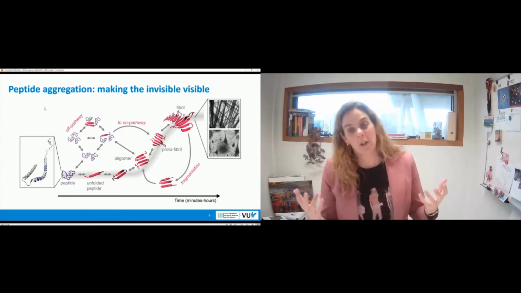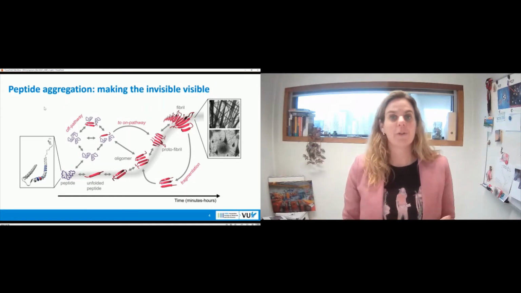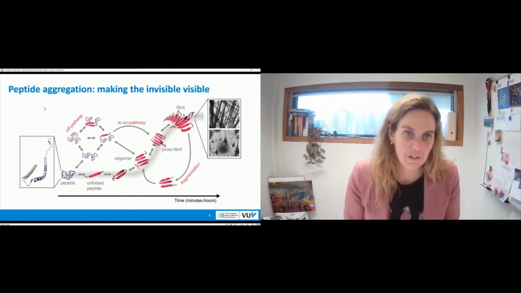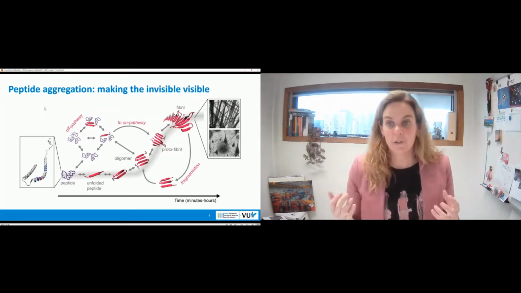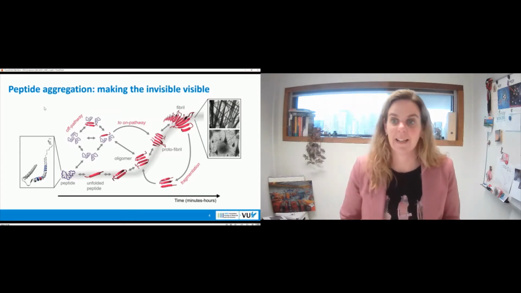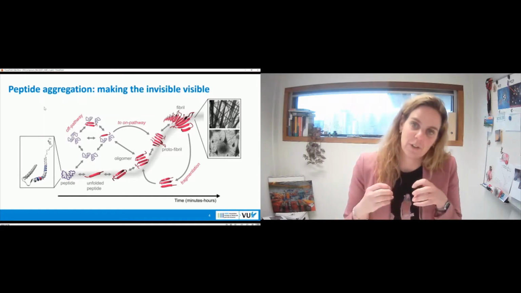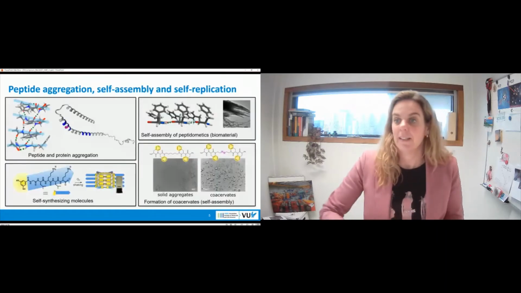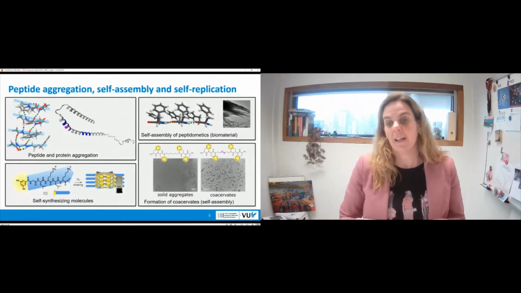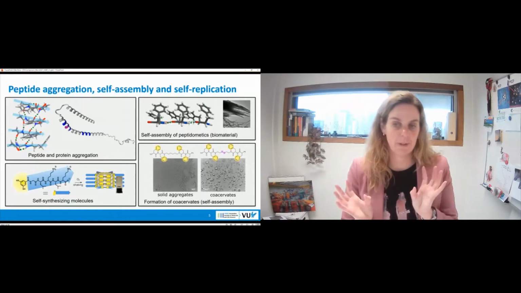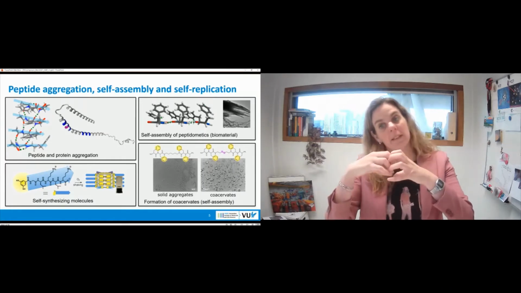And before we go into how we solve this big challenge, I want to inform you that peptide aggregation or protein aggregation, well, we study it for neurodegenerative diseases, but it's also very important for other fields, like the self-assembly of peptidomimetics, so functionalized peptides that can form interesting biomaterials. They can form coacervates, so we can study droplets inside droplets.